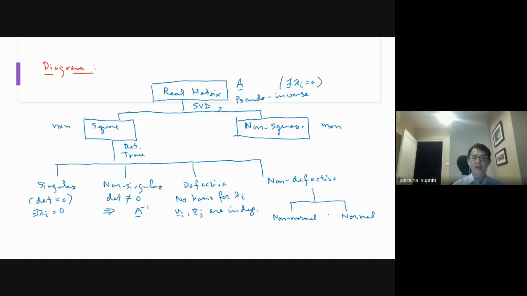For normal, it means that A times A transpose is equal to A transpose times A. For non-normal, both are not equal. So that's the difference. I have no more space, so let me go to the next page.